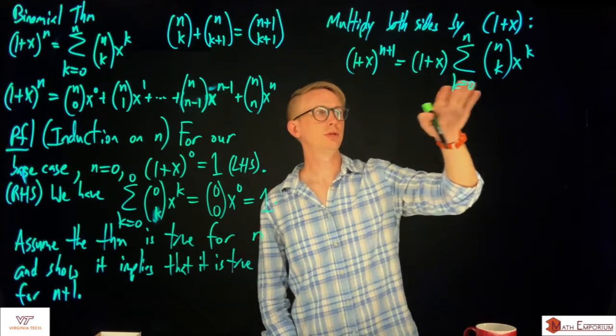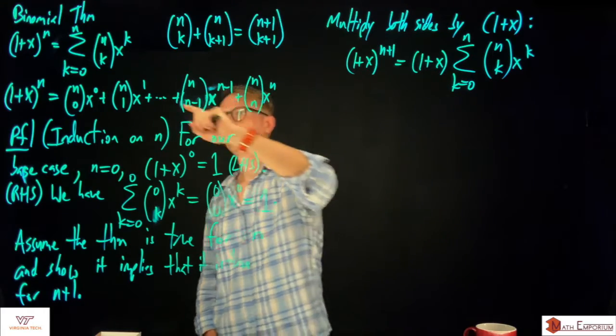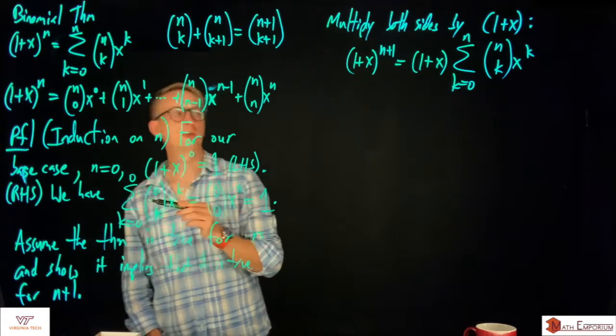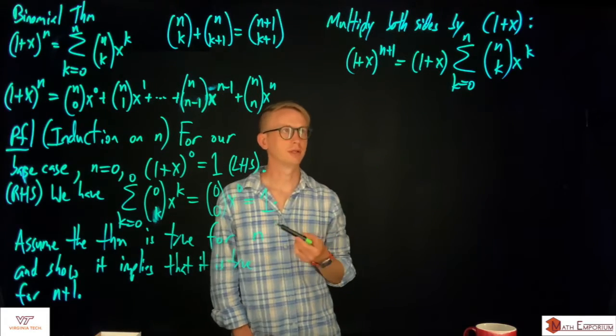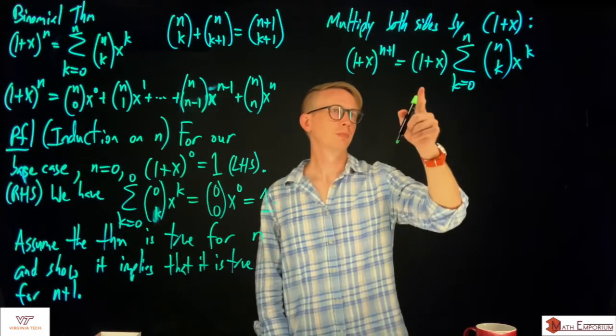Okay, and what we need to do is work on this right-hand side until it becomes the appropriate thing, the n plus first. And so our goal is to get these two n's to change to n plus 1, or justify that we can change them to n plus 1 when it becomes obvious to do so.